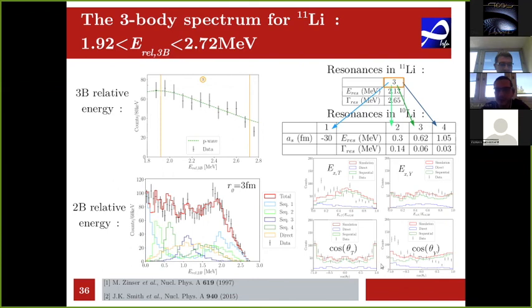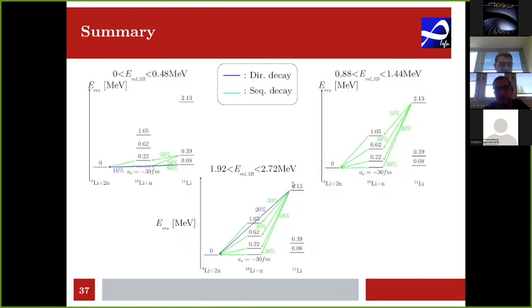And here we notice a similar issue with EXT and cos theta y, while EXY and cos theta t are well reproduced by these contributions. And now I will sum all these results up with a level scheme for each gate, showing the various direct and sequential decays with proportions of each.